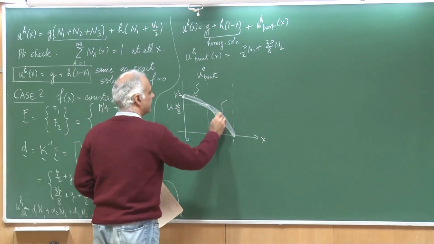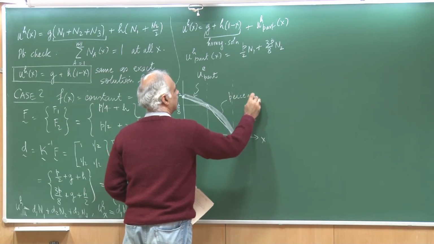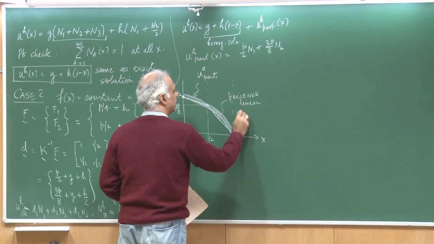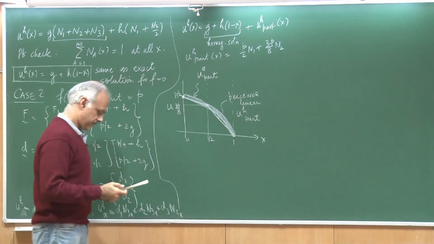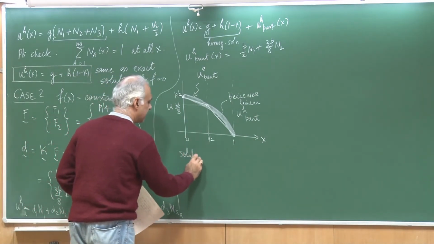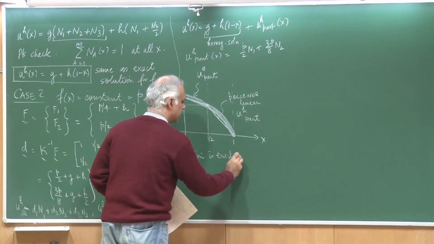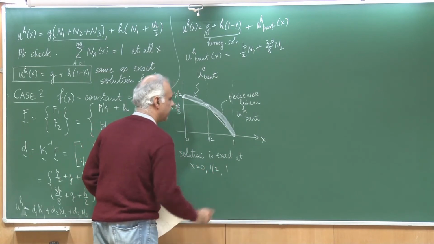So, this curve is piecewise linear, which is UH particular. So, again we conclude from this that the solution is exact at x equal to 0, half and 1.